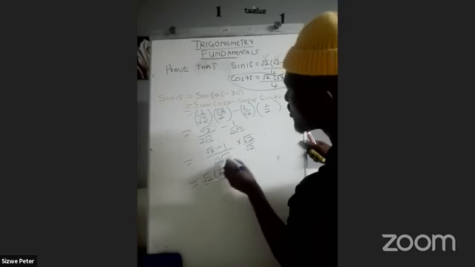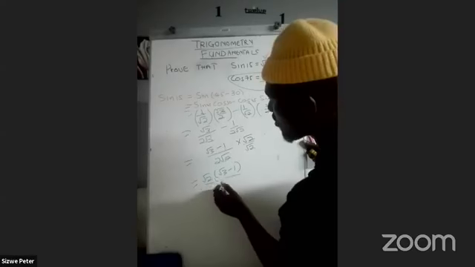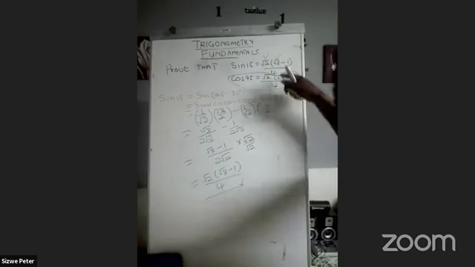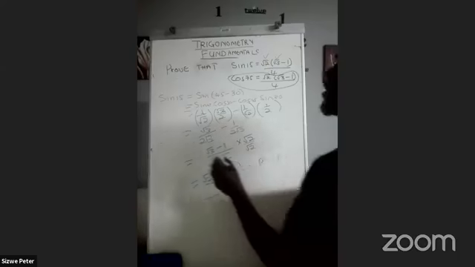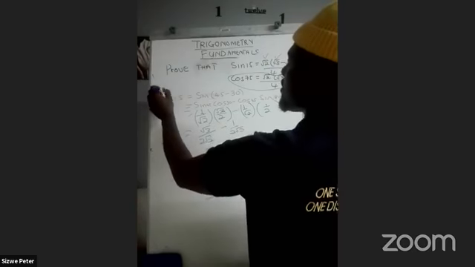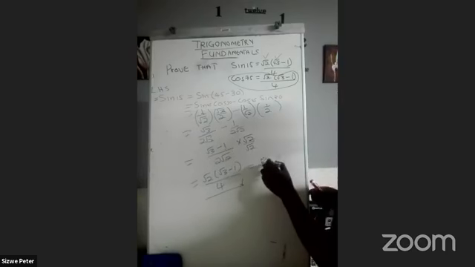What is square root 2 times square root 2? That's 2. 2 times 2 is 4. There's the answer. Which is equal to, in fact, you must say left hand side equals this, which is equal to the right hand side.